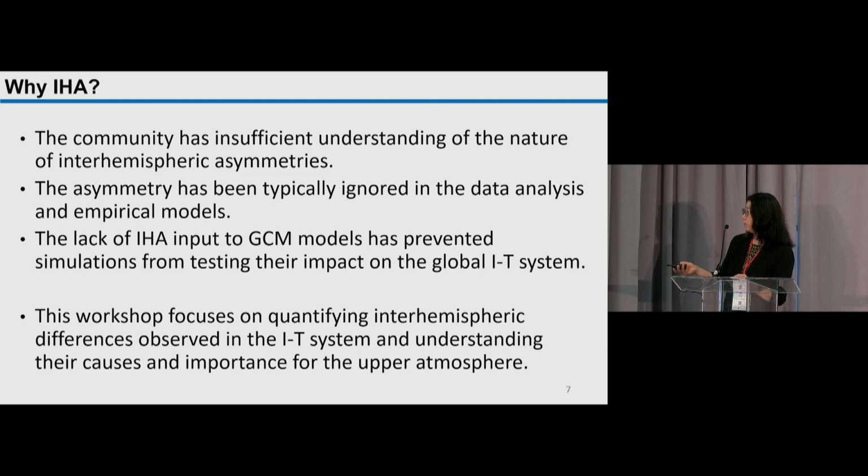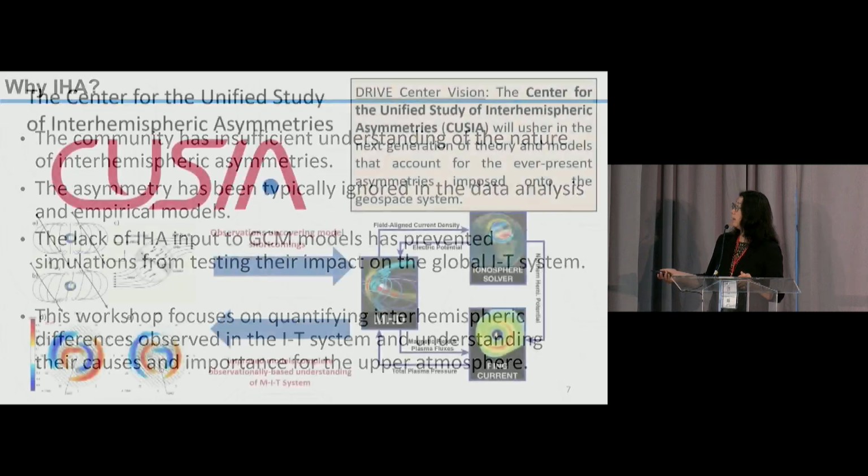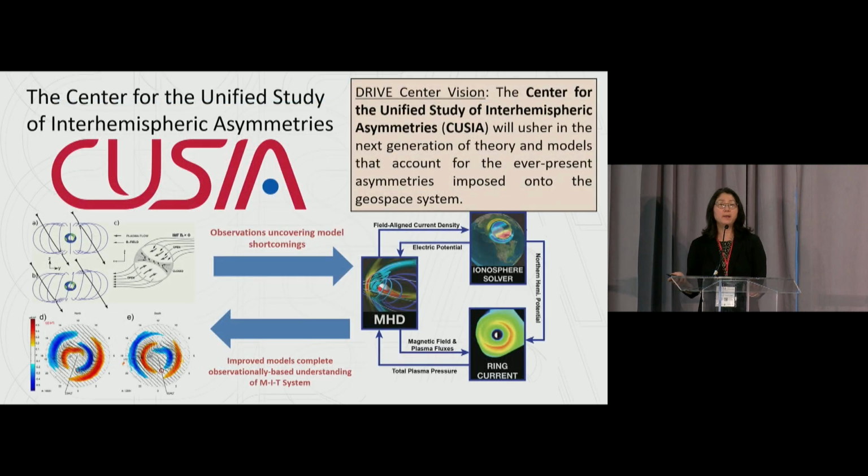Therefore, this workshop will focus on quantifying the interhemispheric asymmetry observed in the IT system and understanding its causes. The causes could be from above, could be from below, and the importance for our upper atmosphere. And this topic is timely since it will leverage several efforts, including both simulation and observation in our community.